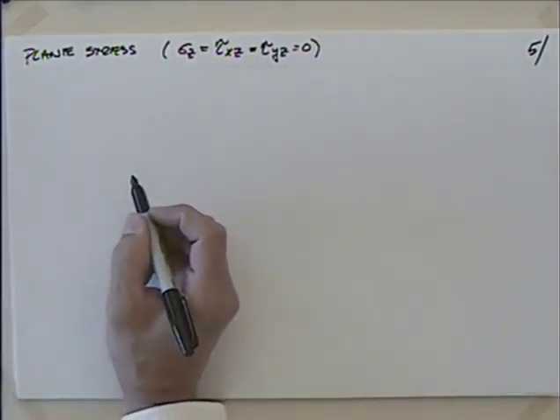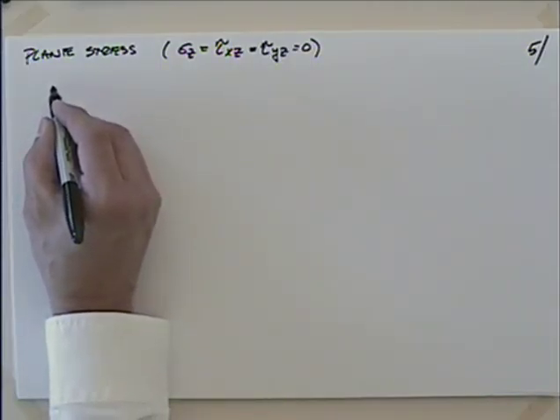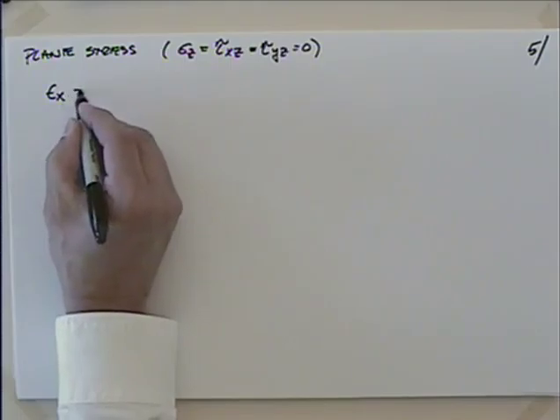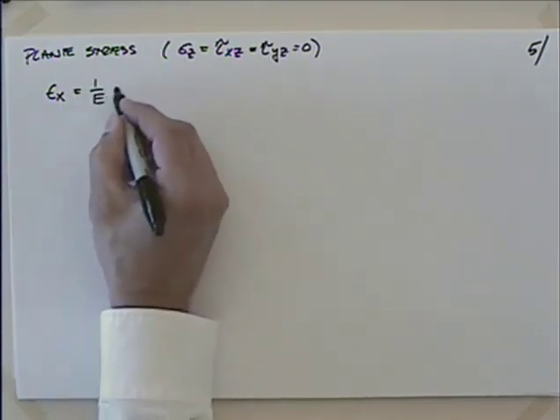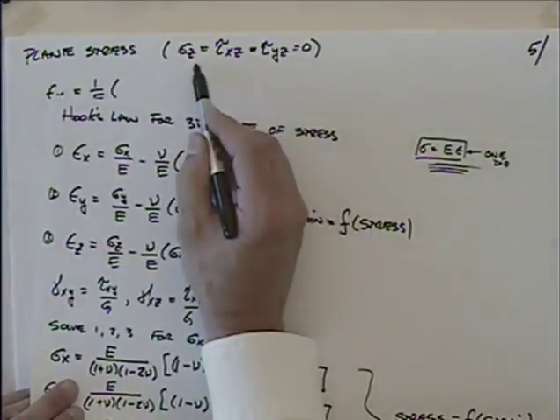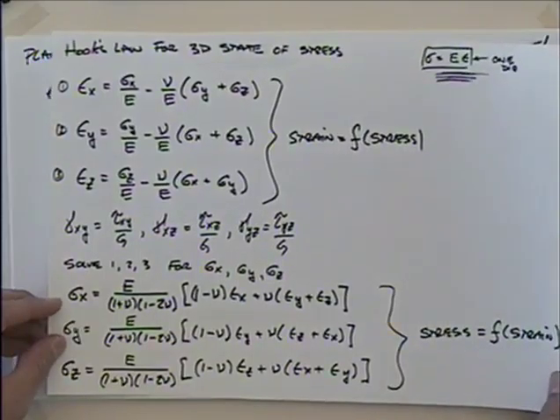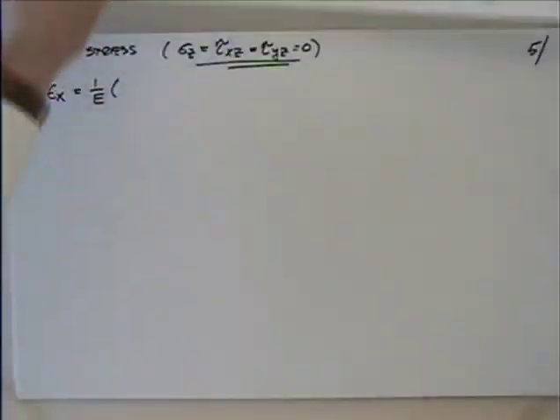So all of those are 0. So with plane stress, if I look at the strain equations, that's really just taking this requirement and plugging those zeros into the equations that we had for the full 3D case.